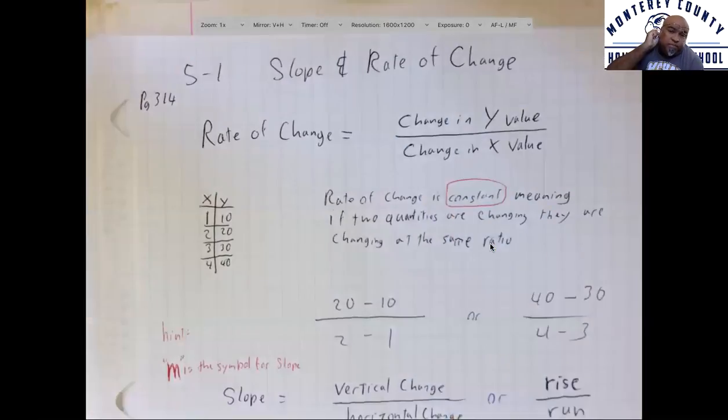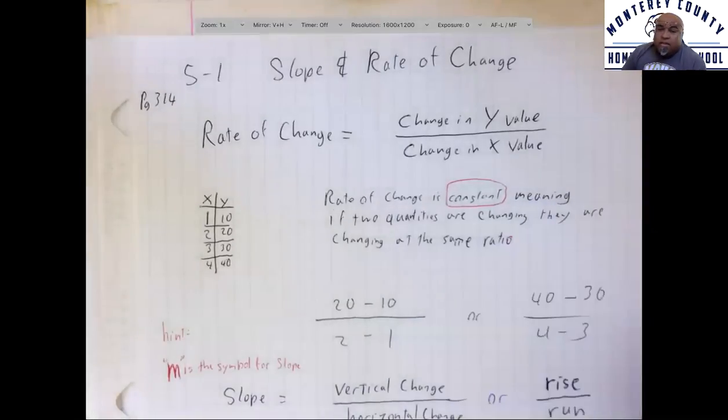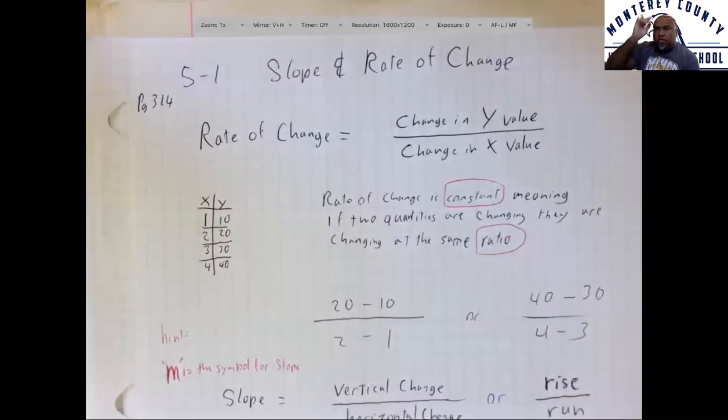Okay, I'm going to go ahead and circle this word constant. What do I mean by that? Meaning that if two quantities are changing, then they are changing at the exact same ratio. For example, if a price goes up $1 on something, then something that's related to it will go up 50 cents.